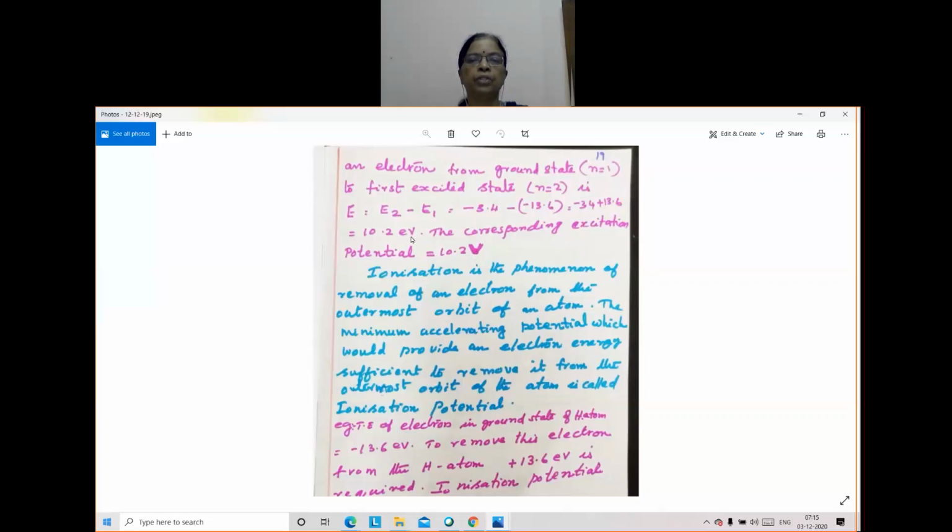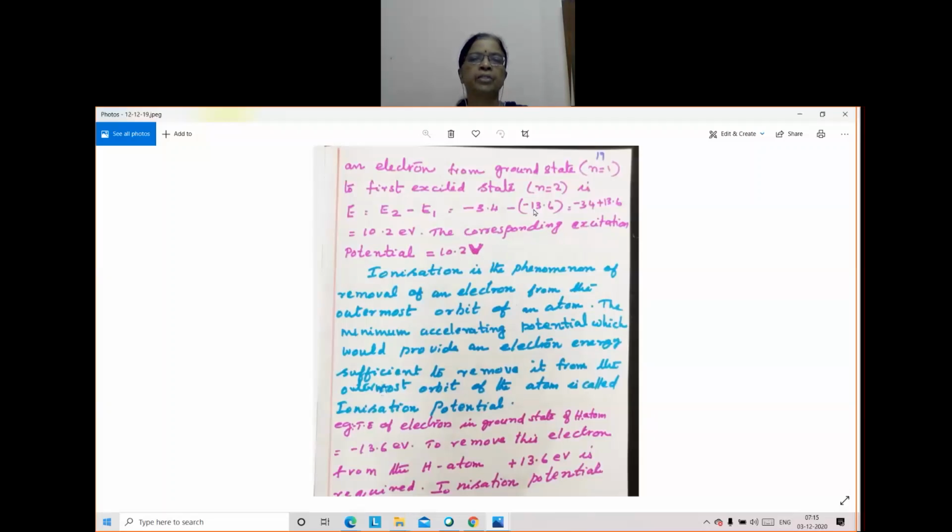When we apply a potential difference of 10.2 volt, the electron gains this much energy, 10.2 eV. So this is the way to find the potential. Just divide by the charge of the electron, e. Understood? So this is the excitation potential.